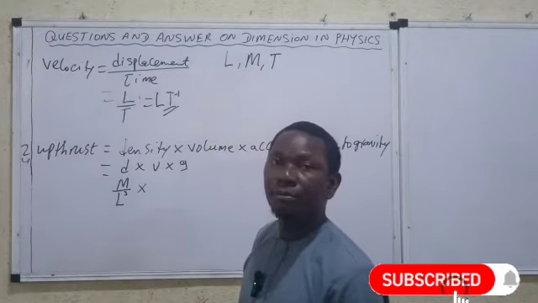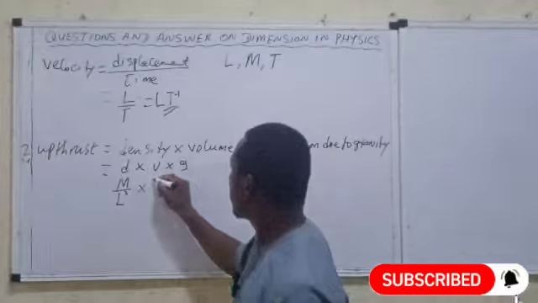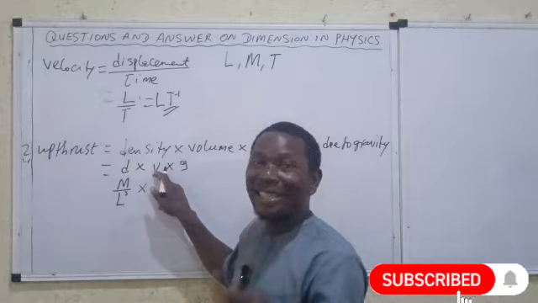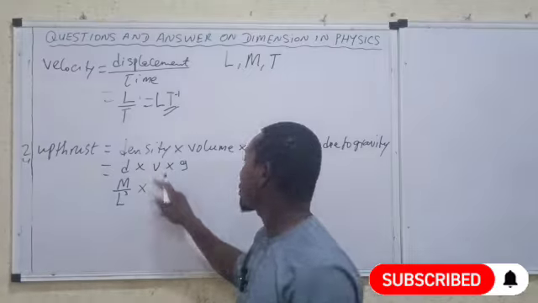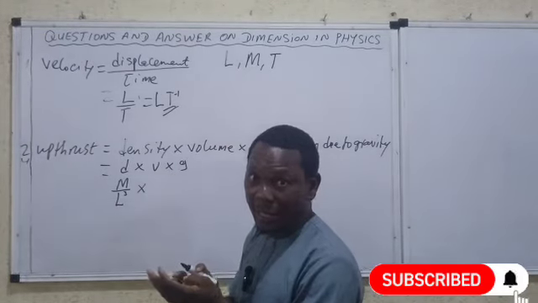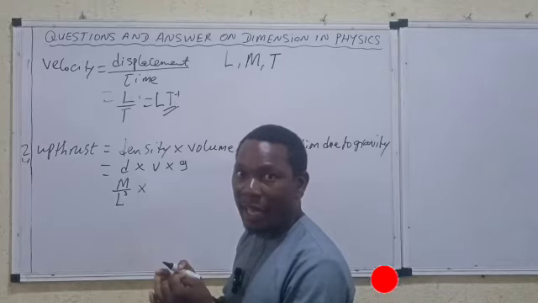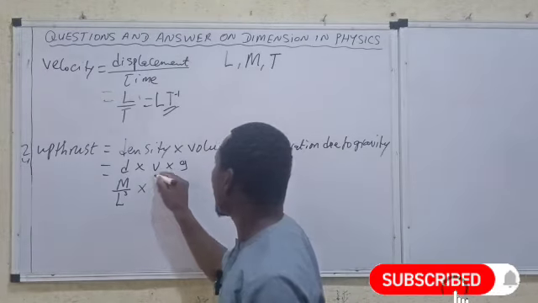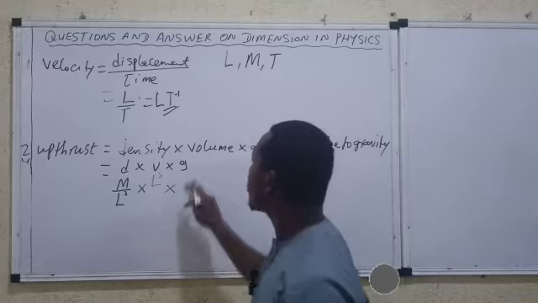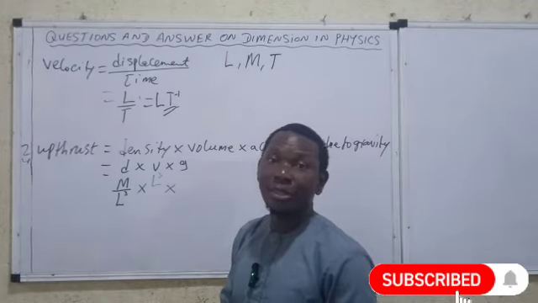Volume again is length times breadth times height. Length is L, breadth is L, height is also L. We now have L raised to power 3.